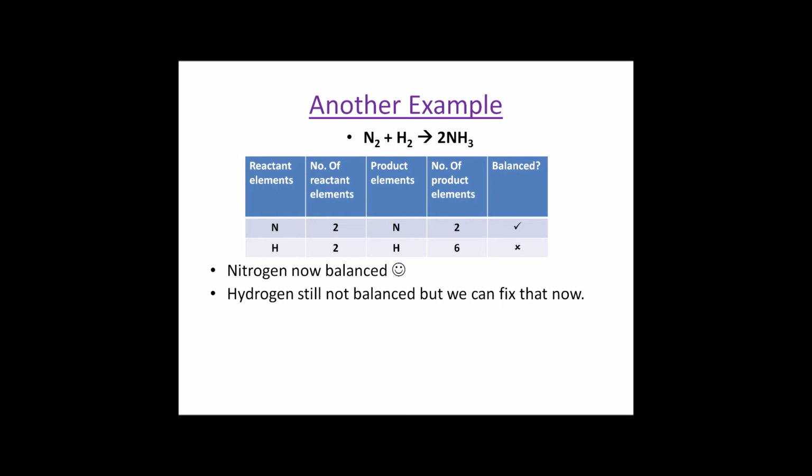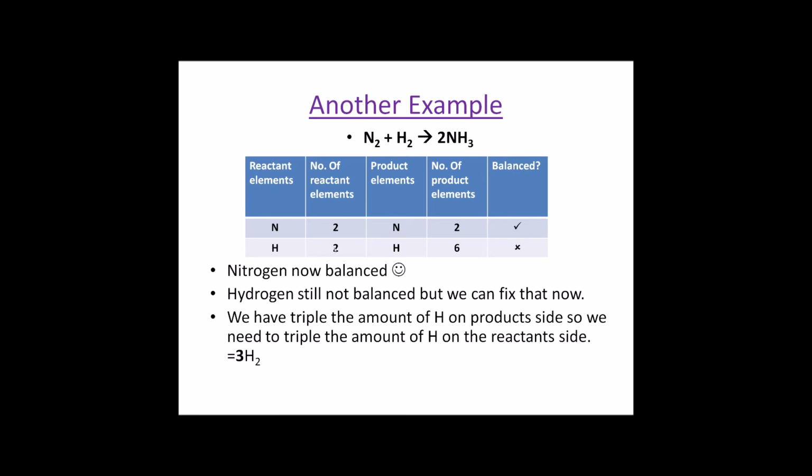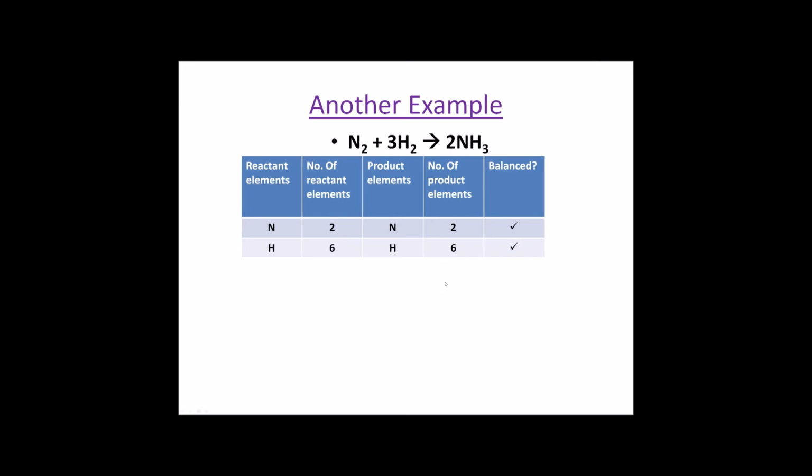Very easy fix. We can see 2 to 6. What would we need to times 2 by to get to 6? And the answer is 3. So we need to triple the amount of hydrogen on this side because we've got triple the amount on this side. So we put 3H2 into the equation.